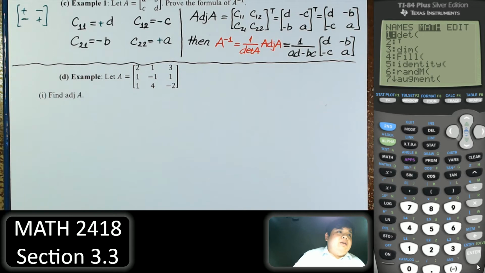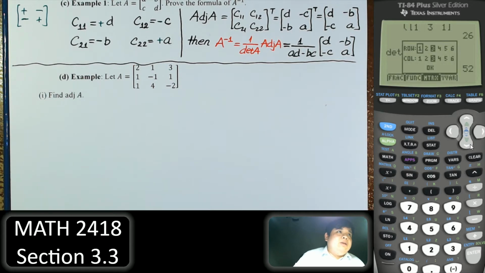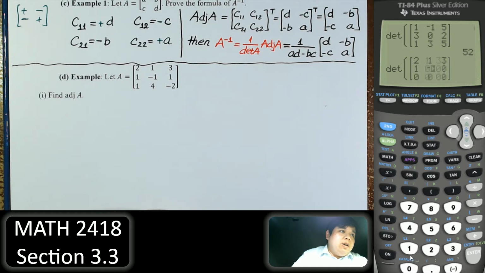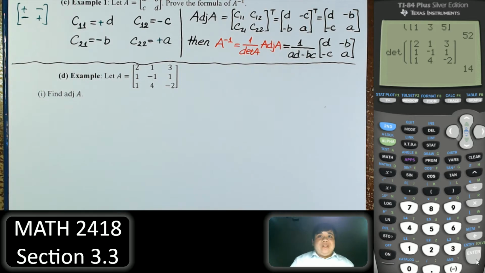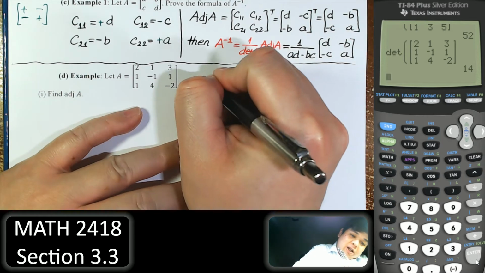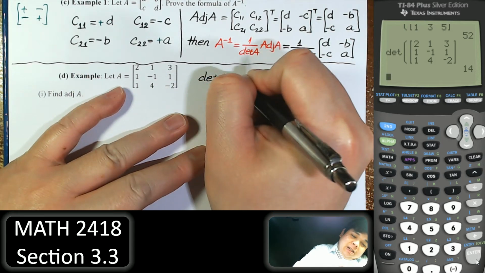Here's the determinant. 2, 1, 3, 1, negative 1, and 1, 1, 4, negative 2. Right, the determinant is equal to 14. That means it has an inverse, because the determinant is not equal to 0. So just put that in the back pocket. Determinant of A is equal to 14.